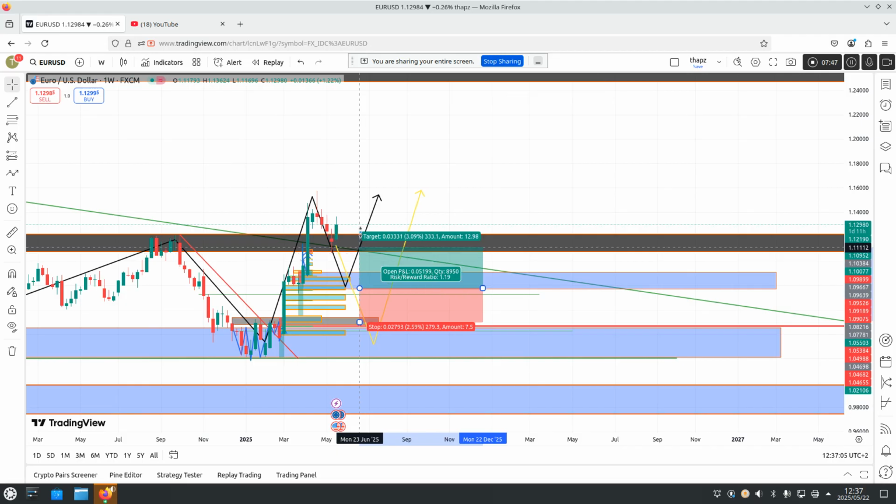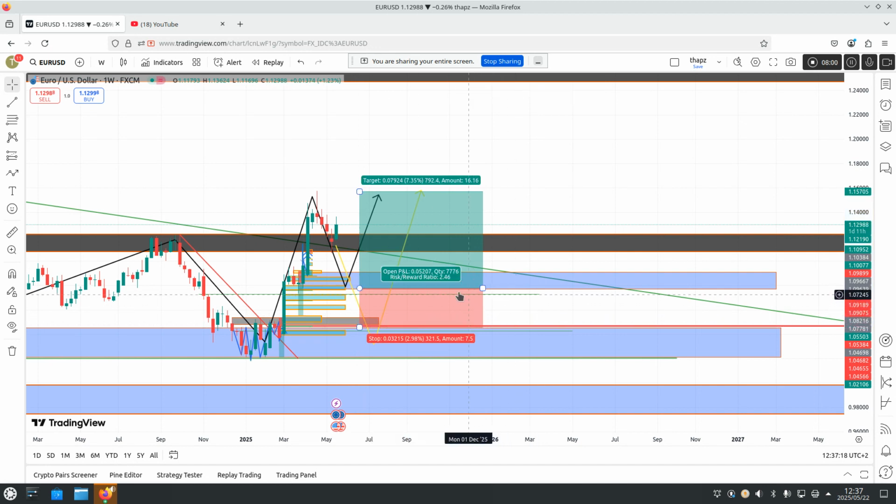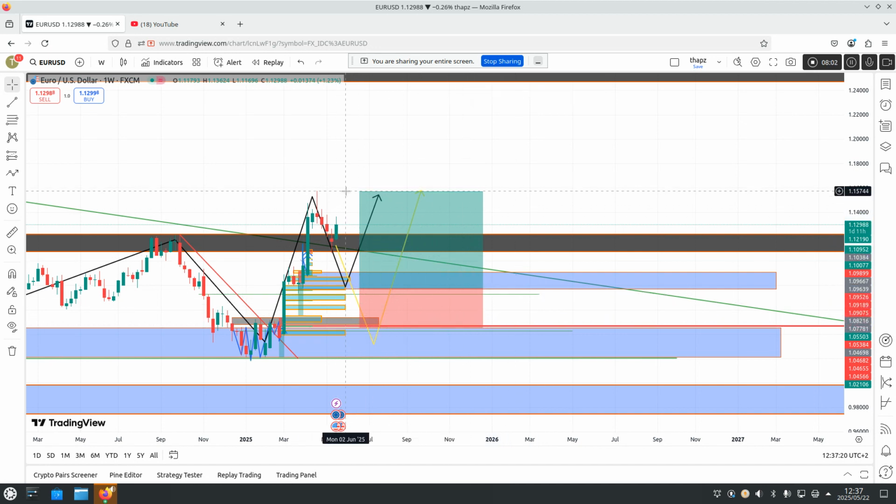Come to here, and then our stop loss is in this area. So we can expect the buy up to there, but we can find out the market will crash us and hit that stop loss.